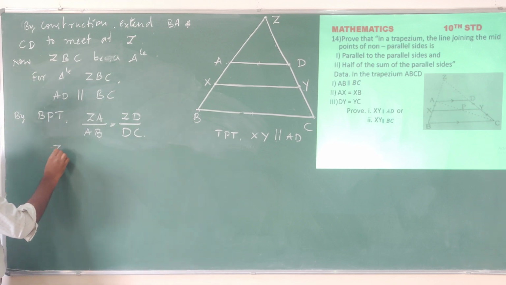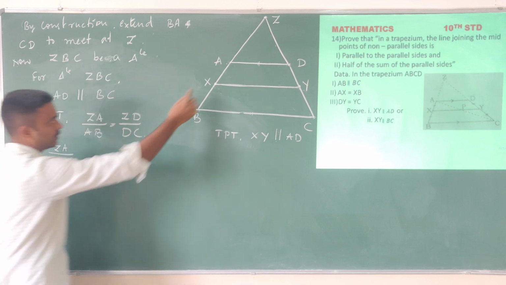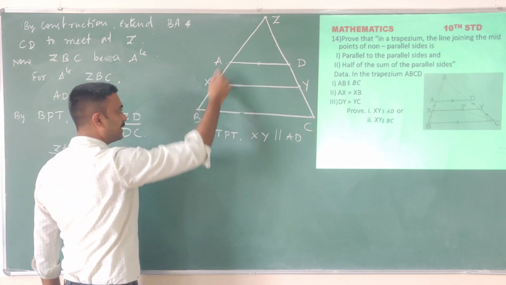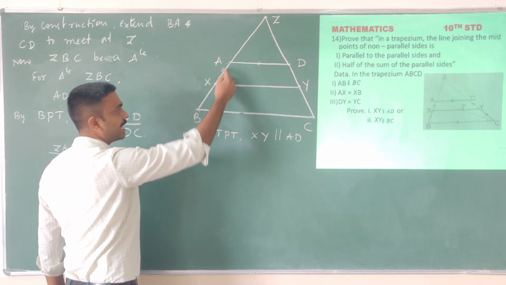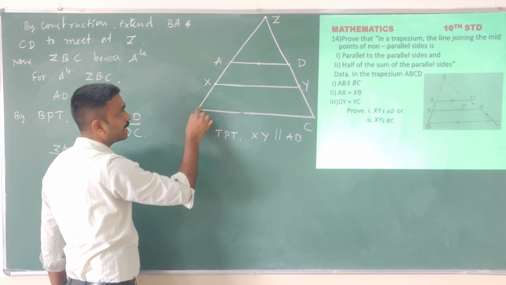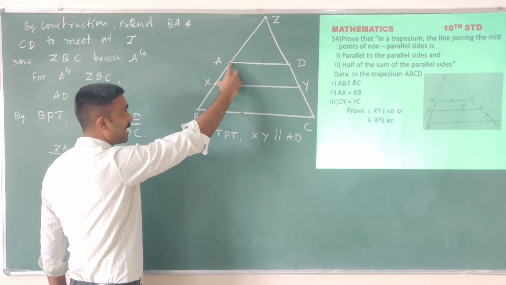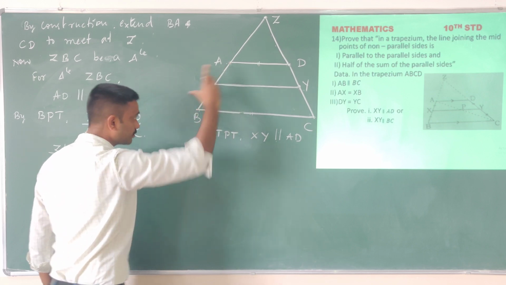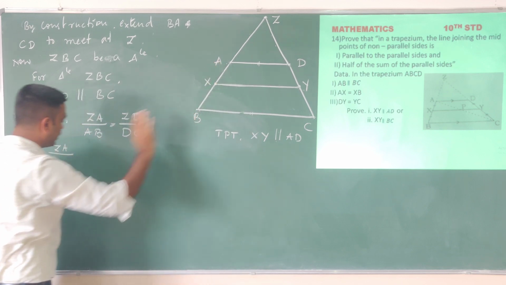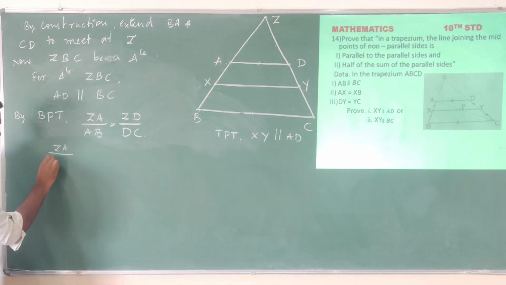Now ZA divided by AB. Can we write AB as 2 times AX? Because X is the midpoint of AB, AX is half of AB. So AB can be written as 2 times AX.